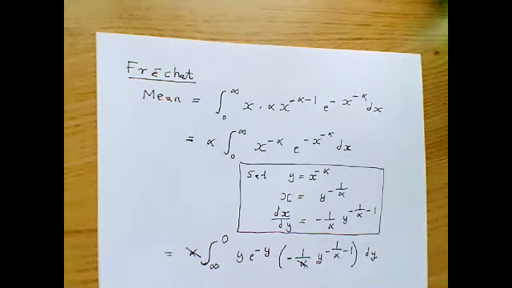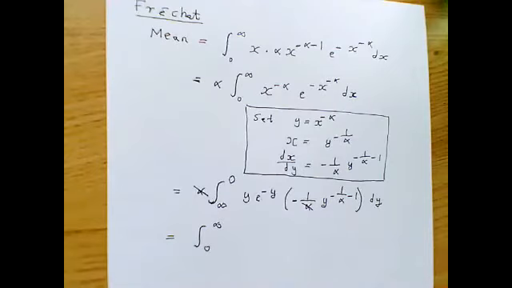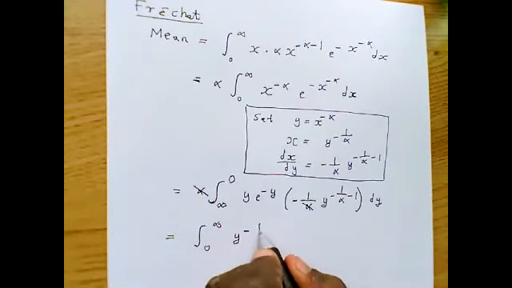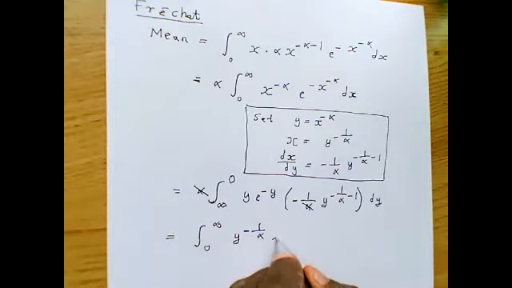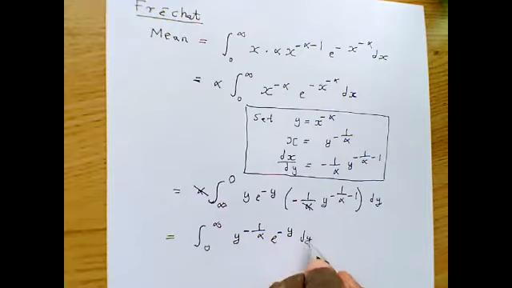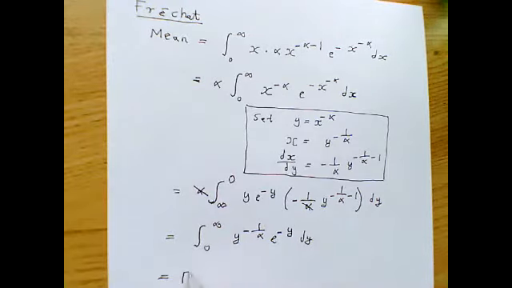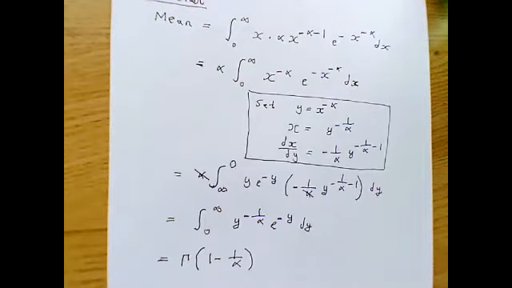So it will be 0 to infinity of, okay, like this. So this is the answer to the Frechet type of question 2.